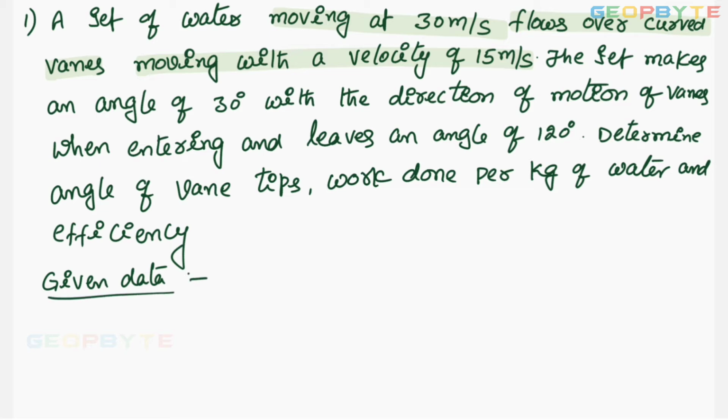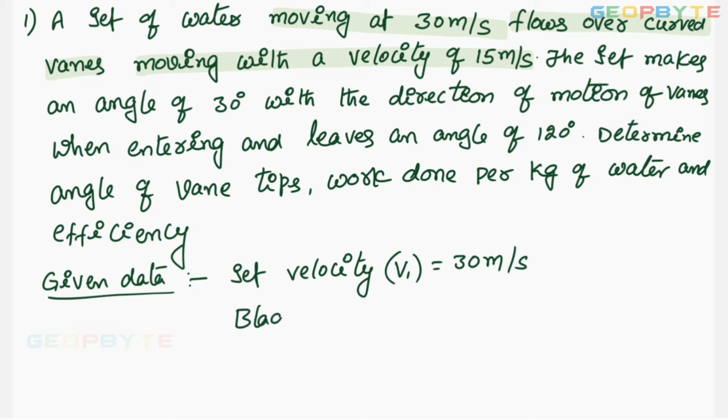Water jet velocity v1 equal to 30 meters per second. Blade speed or blade velocity u equal to 15 meters per second.